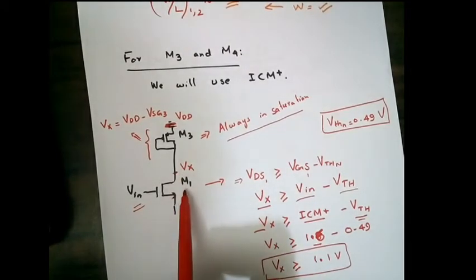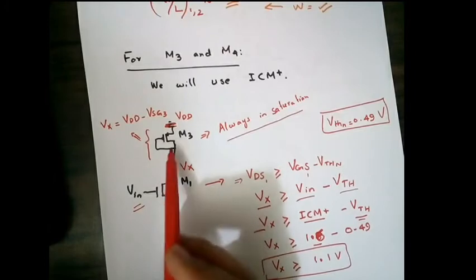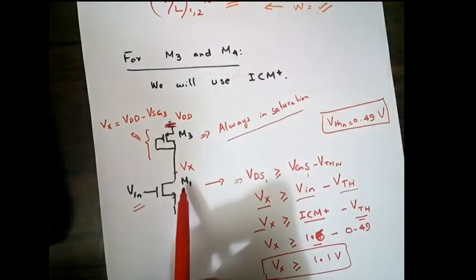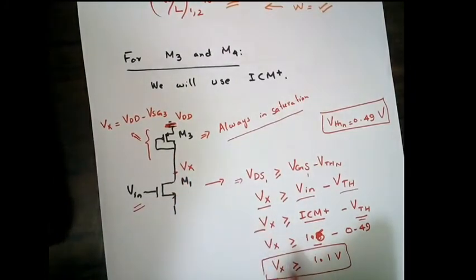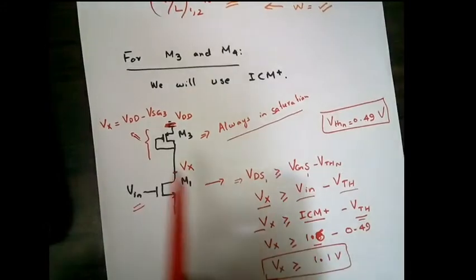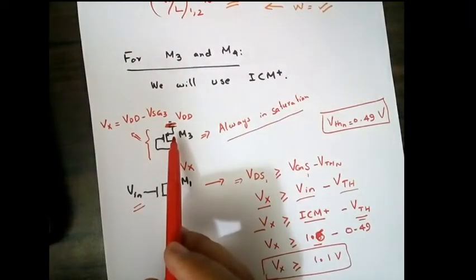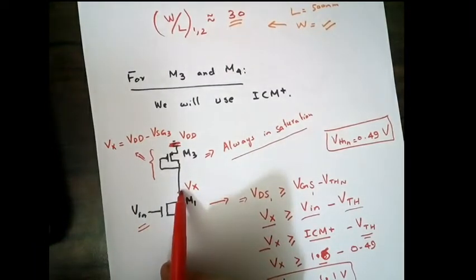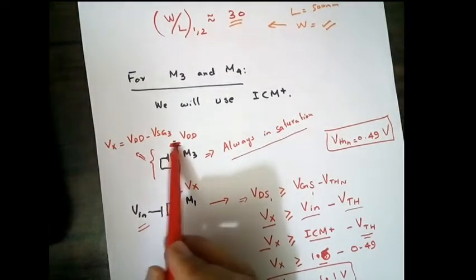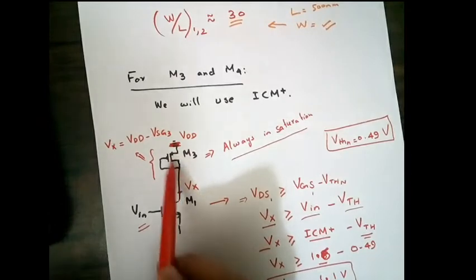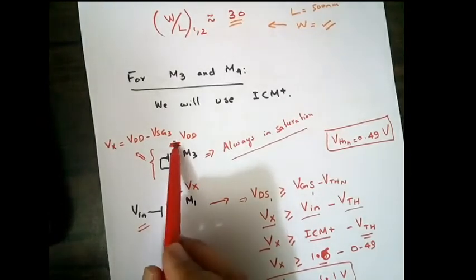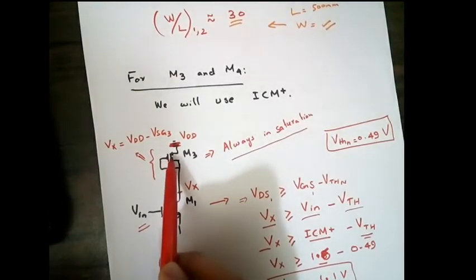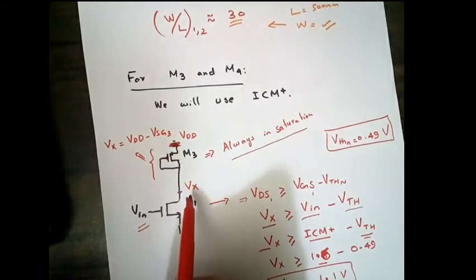So now we know the size of M1, but we don't know the size of M3. We will use this value of Vx as 1.1 volt to find the size of M3. How? If you just see, this Vx point will be equal to VDD minus VSG3, since it's a PMOS. Why?